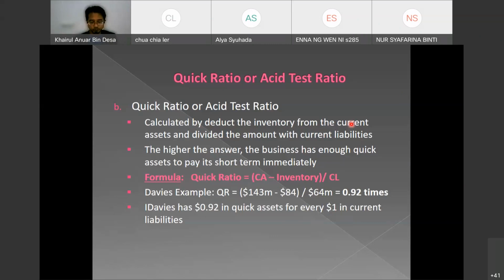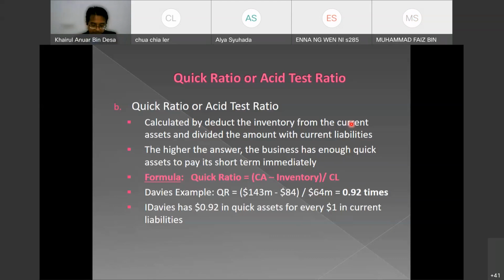Berikan saya contoh aset semasa. Give us an example of current asset. Ada dalam contoh balance sheet. Untuk cash boleh, sir.